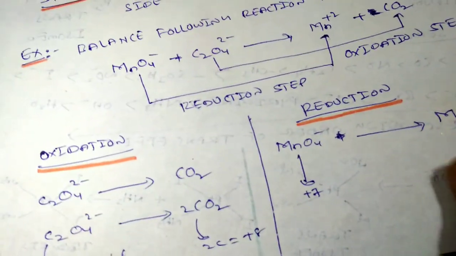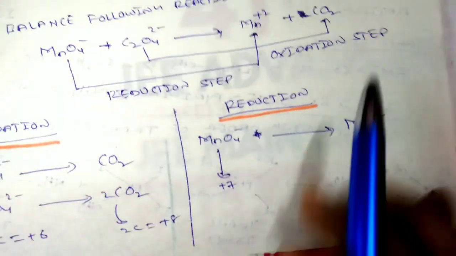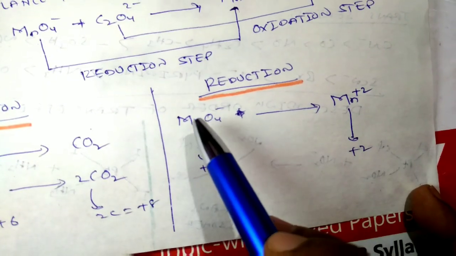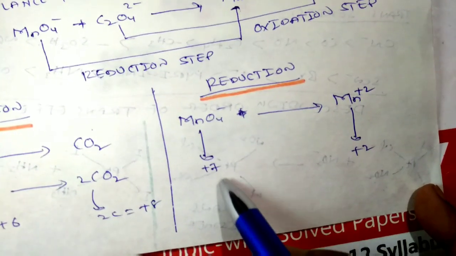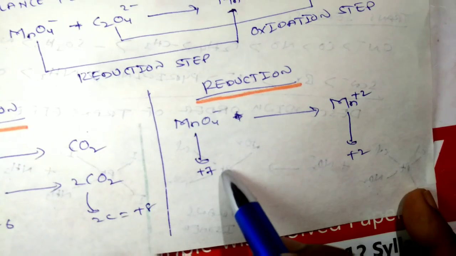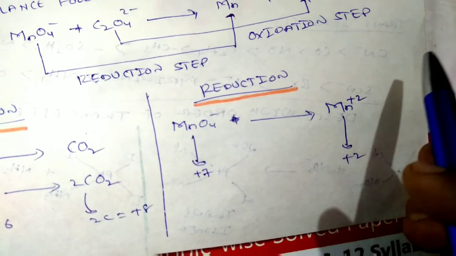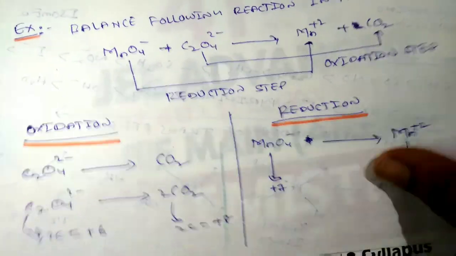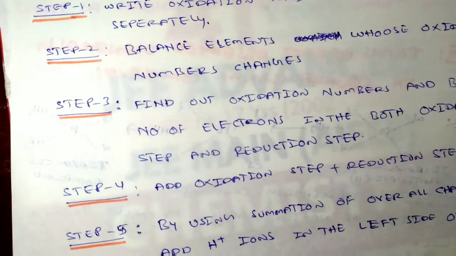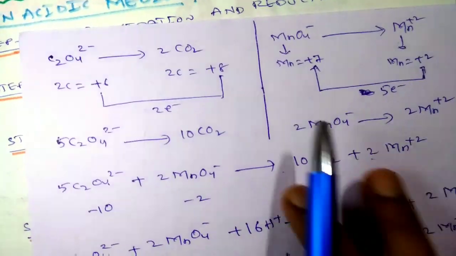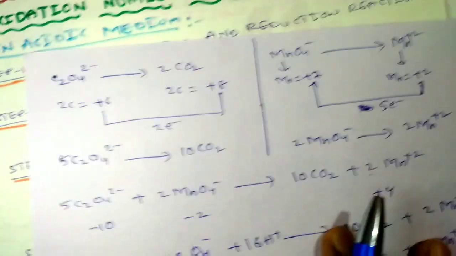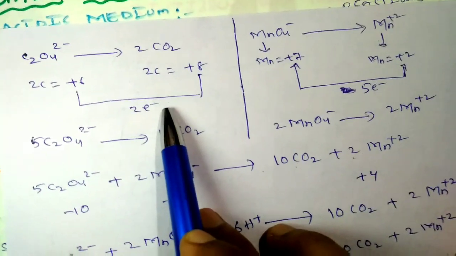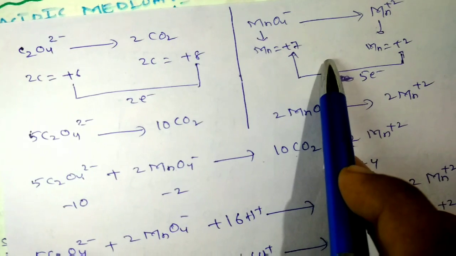Now let us see the reduction step. In the reduction step, permanganate ion becomes Mn2+. Here manganese has a +7 state, and here +2. That means reduction happens. First we identified which is the reduction step and which is the oxidation step. Now we have oxidation on this side and reduction on this side.